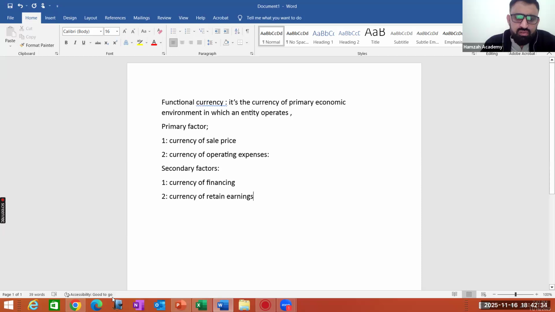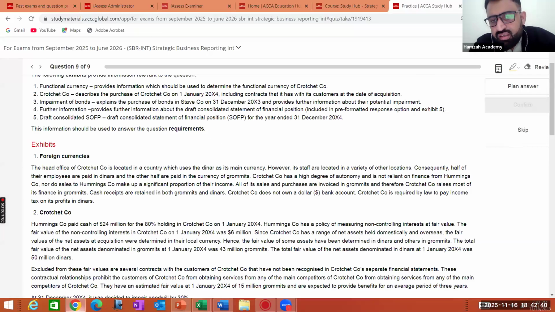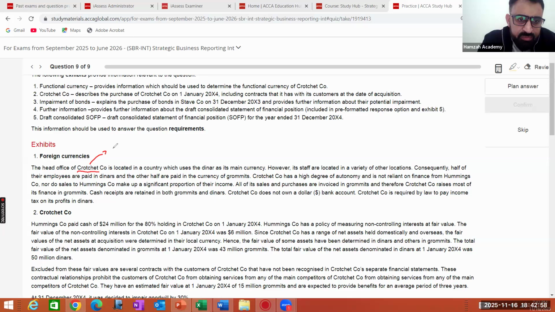Now, if we apply these guidelines on the determination of the functional currency of the C company, we need to take further considerations as well. Dear student, the C company is a foreign operation.